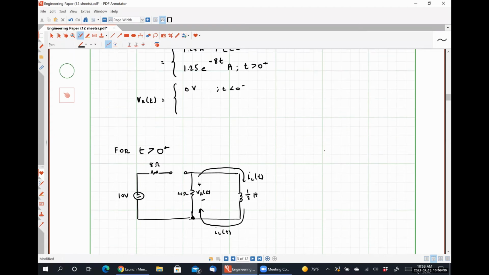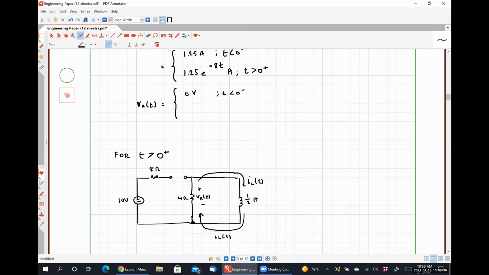So our voltage VR of t for t greater than 0 plus is just going to be negative 4 ohms times IL of t, which I could say then would be negative 10 e to the minus 8t volts for t greater than 0 plus.